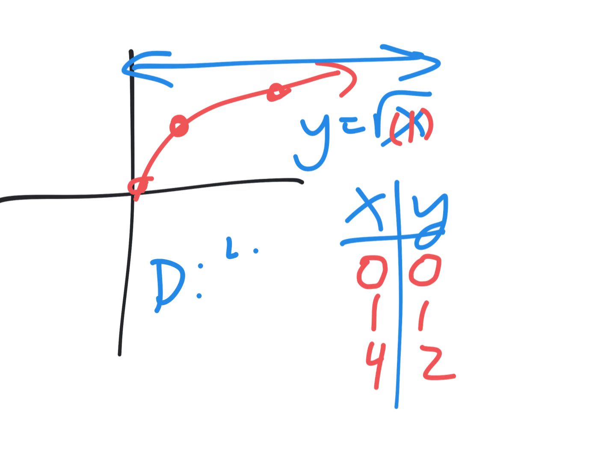This is left to right. What's the furthest left that it goes? Lydia, what do you think? 0. What's the furthest right that it goes, Ryan? Infinite. 0 to infinity.